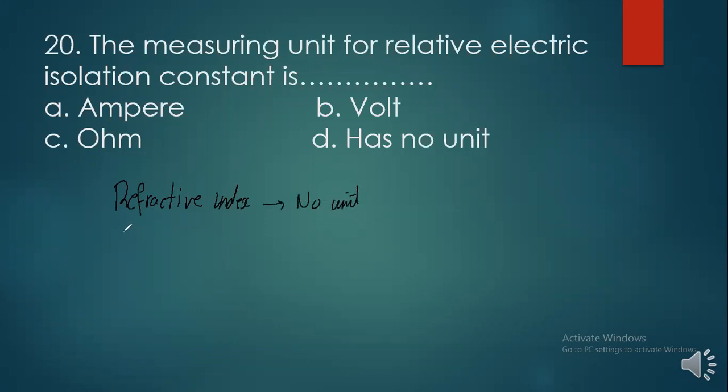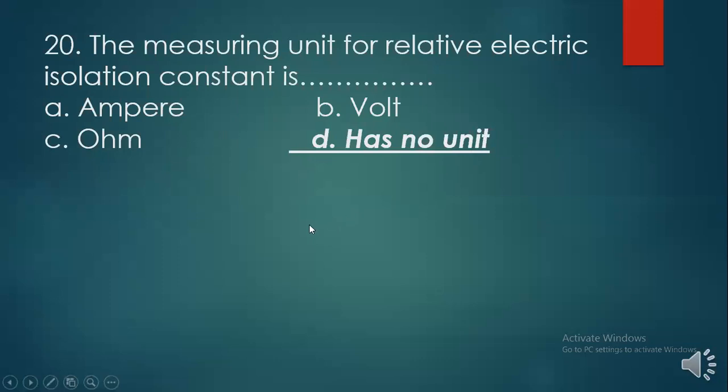Also, coefficient of friction, it has no unit. And this one, the relative electric isolation constant, also has no unit, right? So the answer is D.